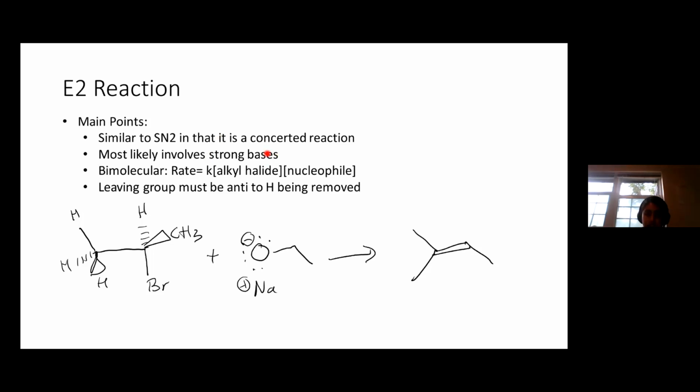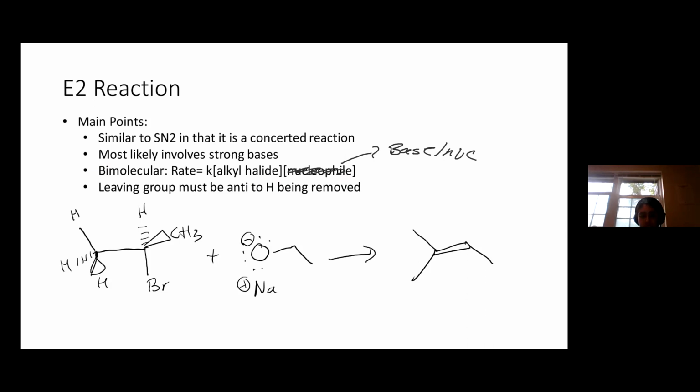And similarly to SN2, it's going to be bimolecular, meaning it involves 2 molecules in the rate: the alkyl halide and the nucleophile. Nucleophile and basicity are kind of similar, so we can also just say base instead of nucleophile in this case, or base/nucleophile.